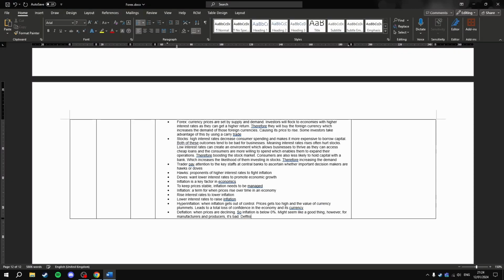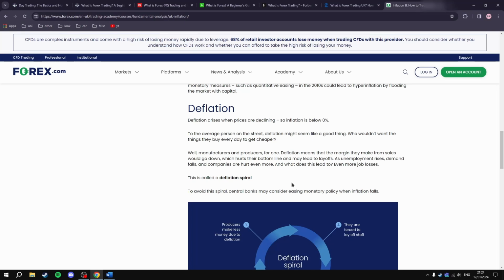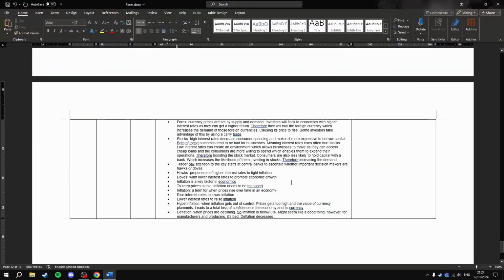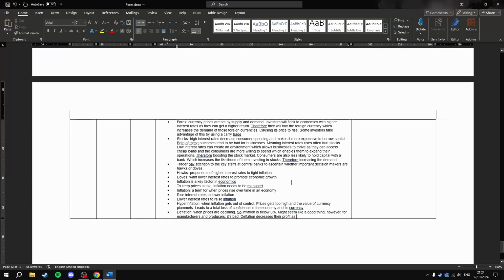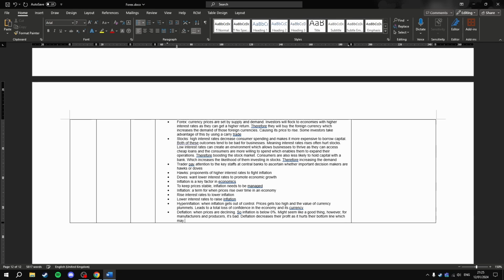Deflation decreases companies' profit margins, which hurts their bottom line, which may lead to layoffs.